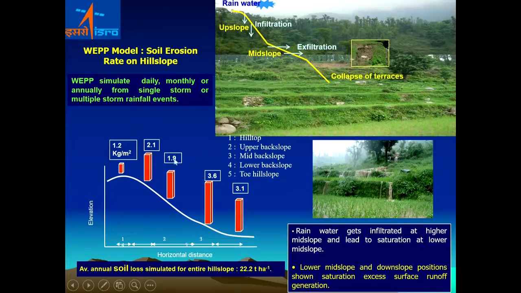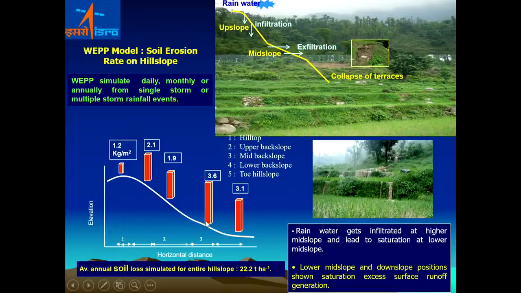It is written 2.1 or 1.9, but if you convert to tons per hectare, it will come to 21 and 19, multiplied by 10. But we find that this slope area has the highest erosion rate, 3.6, while the average erosion rate is 22. So if you do it with RUSLE, then you will get the average erosion. But the WEPP model provides erosion at regular intervals that you can estimate. So the purpose was to find which place has the highest erosion.